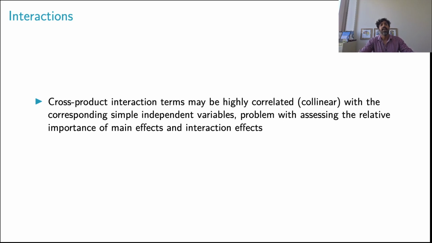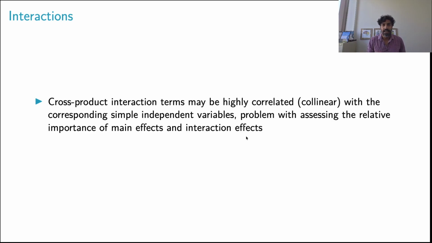One key thing to keep in mind when you're looking at interactions, coming back to the concept of collinearity, is that cross-product interaction terms may be highly correlated or collinear with the corresponding simple independent variables, which creates problems with assessing the relative importance of main effects and interaction effects.